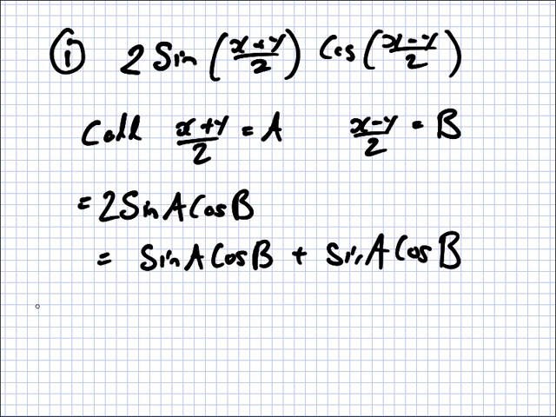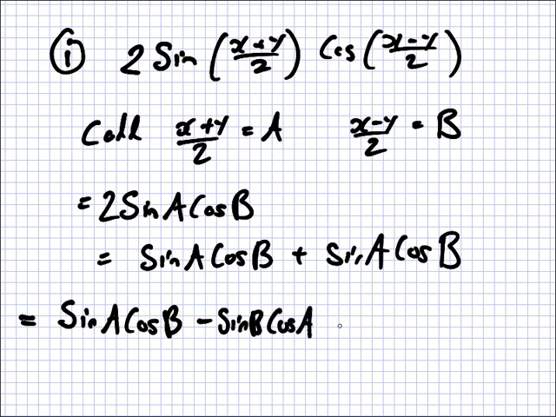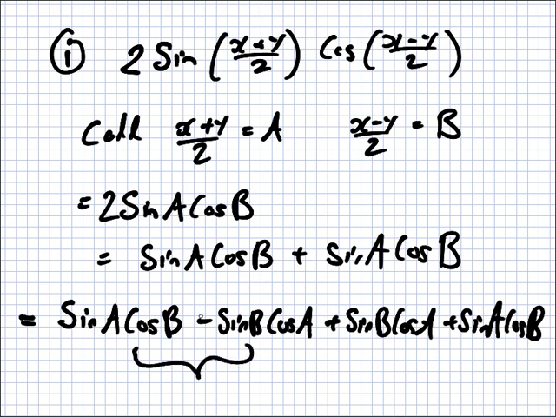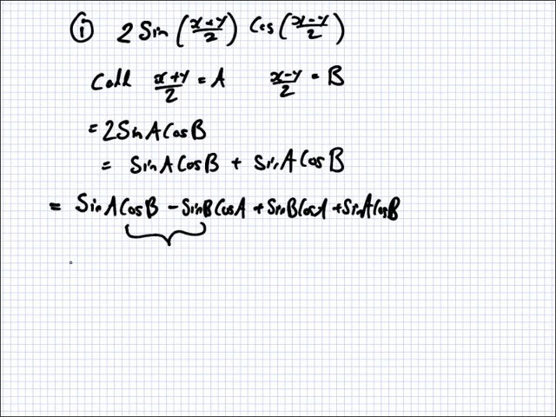Which equals sine A cos B minus sine B cos A plus sine B cos A plus sine A cos B. Now I like these two, because what do these two become? They become sine of (A minus B).